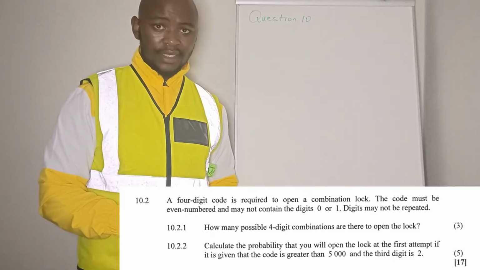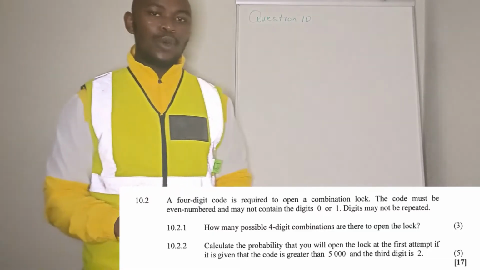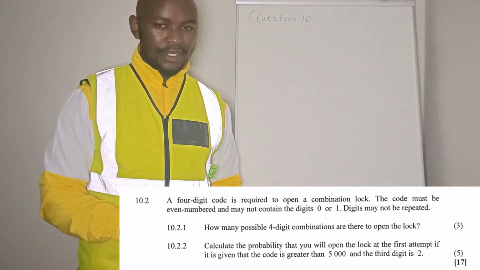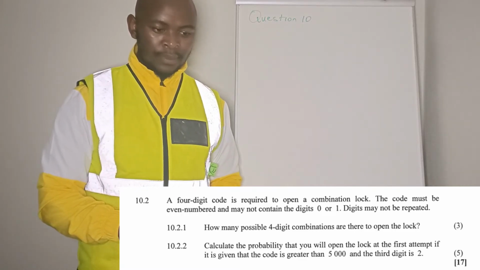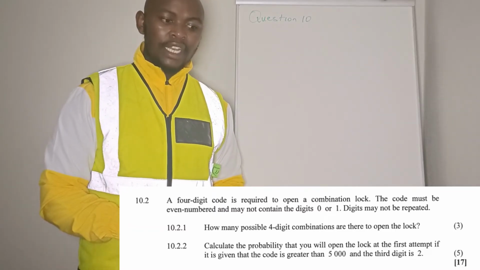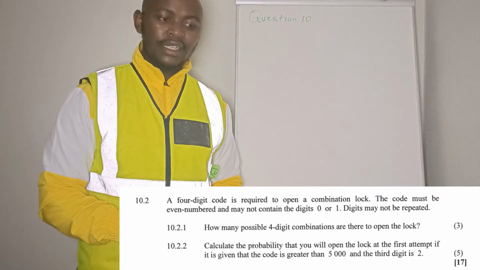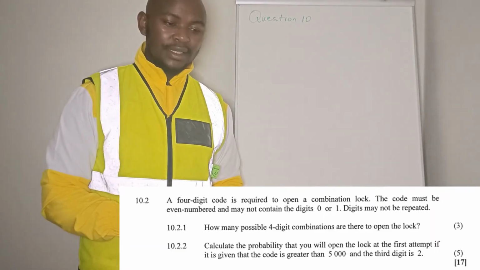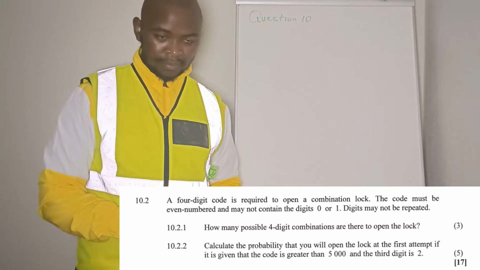Firstly, the statement reads as follows. A 4-digit code is required to open a combination lock. The code must be even numbered and may not contain the digits 0 or 1. The digits may not repeat.